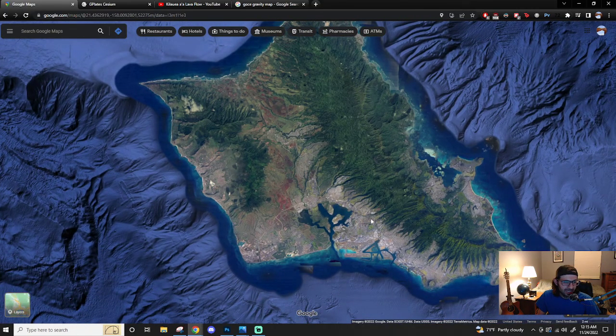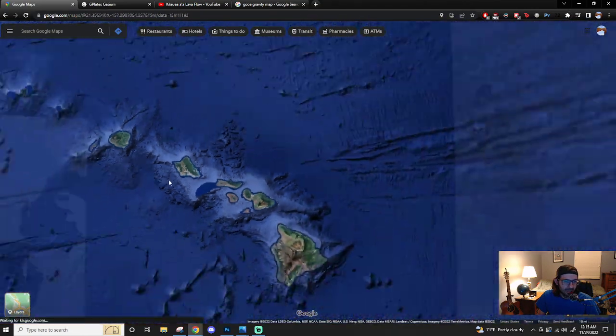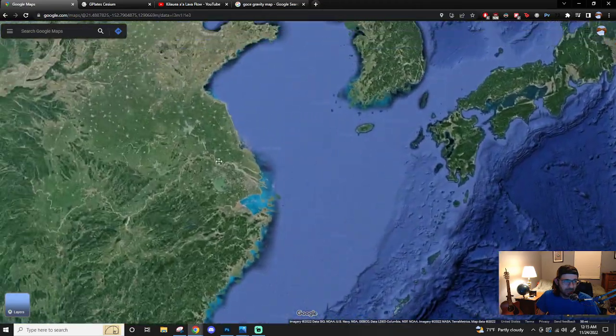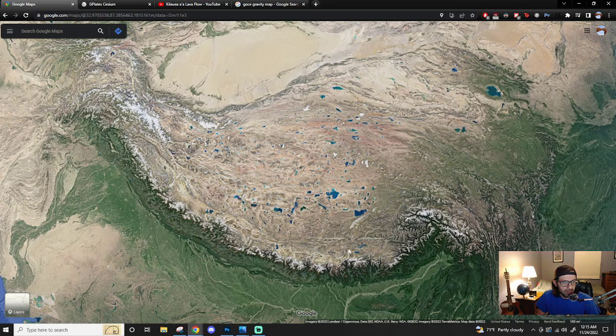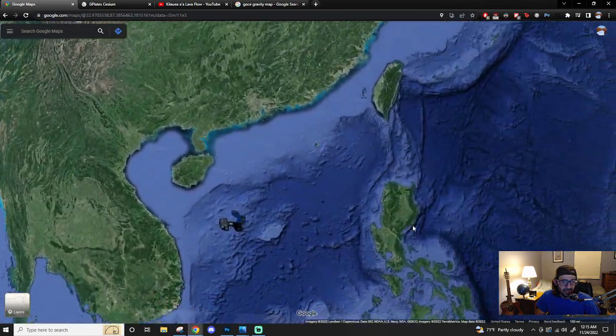I'm just thinking of this being like a mirror of this region here, like the Himalayas, and then this region, and then generally over here.